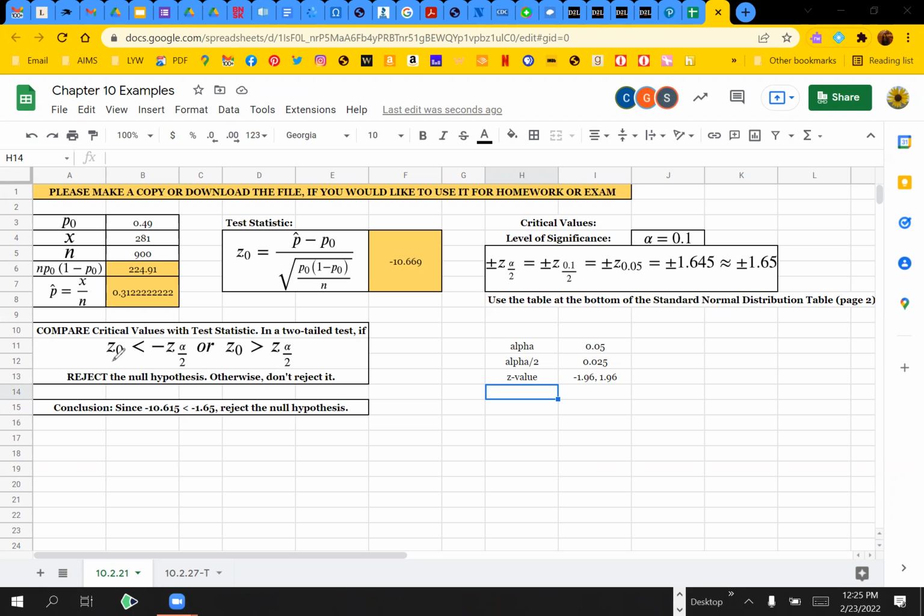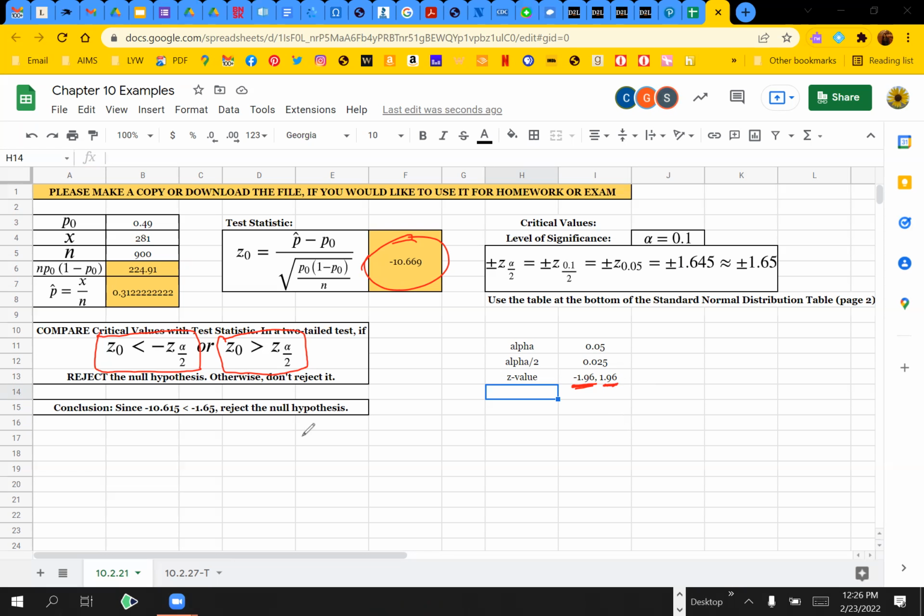So the idea is if your Z sub 0, which is the test statistic value over here, is less than the negative side of the critical value, the negative 1.96, or if your test statistic is greater than the positive side of this critical value, based on that, you will reject the null hypothesis, otherwise you don't reject it.